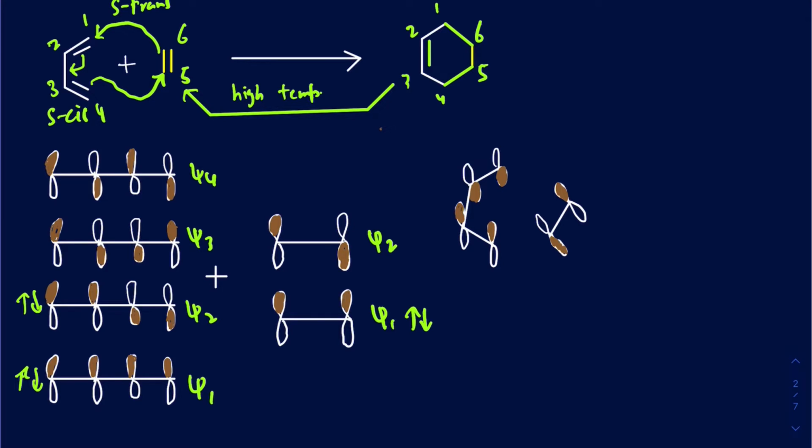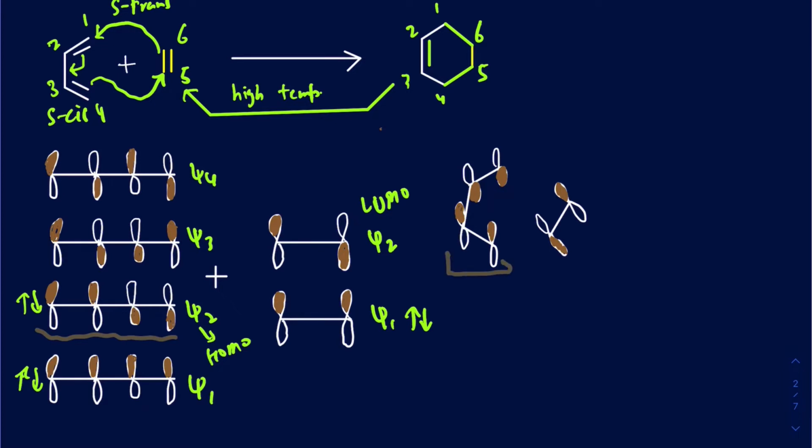So this makes psi 2 of the diene your HOMO, that's your highest occupied molecular orbital, and psi 2 of this dienophile your LUMO. That's going to be the lowest unoccupied molecular orbital. So actually I have drawn this particular one right here.